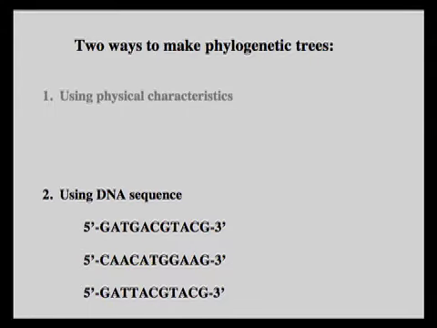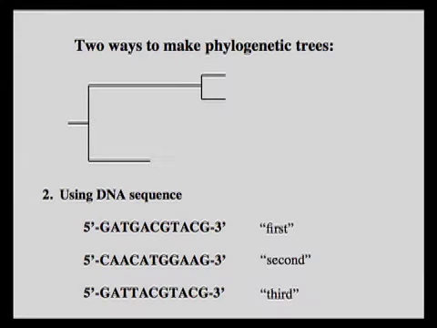So my next slide shows 3 DNA sequences. I want you to think about these DNA sequences as 3 different organisms. It doesn't matter what they look like, because this time we're going to be making the tree based on DNA sequence. I'm going to call these organisms first, second, and third. So now on my slide you'll see that they've been named first, second, and third.